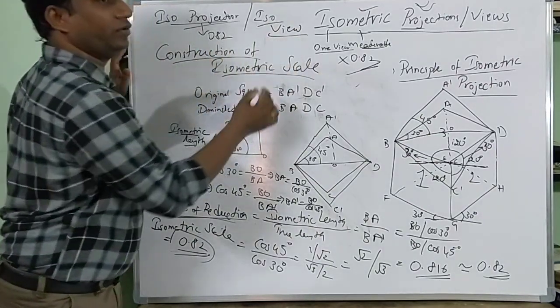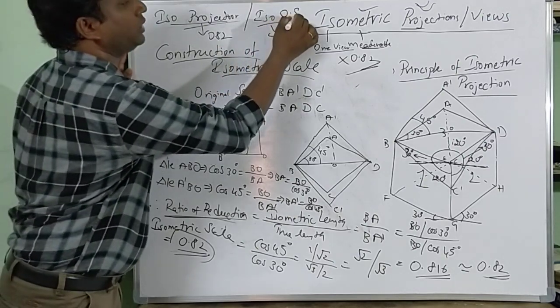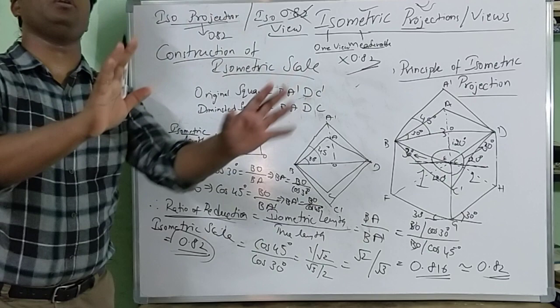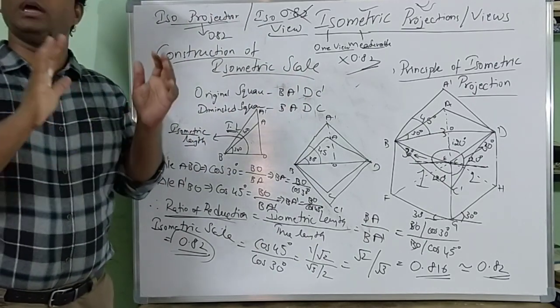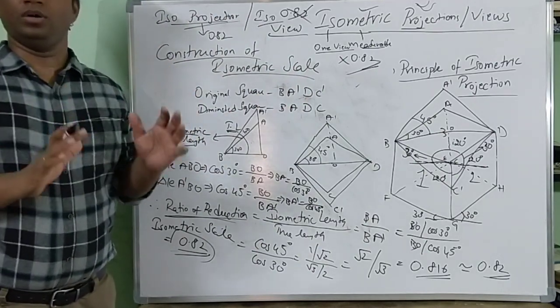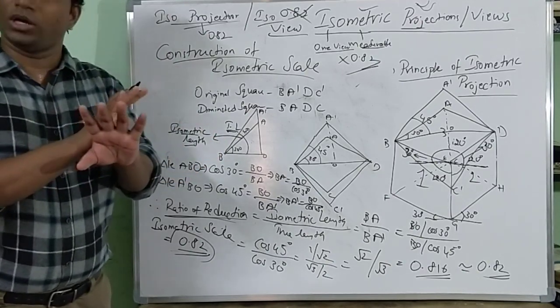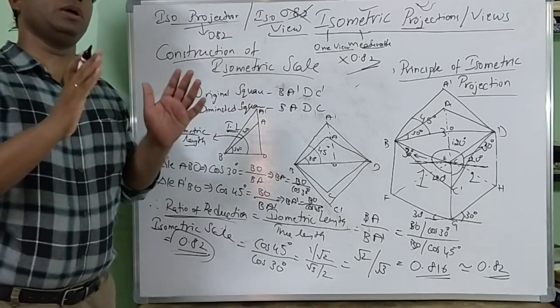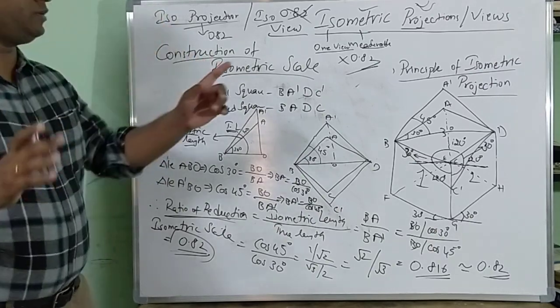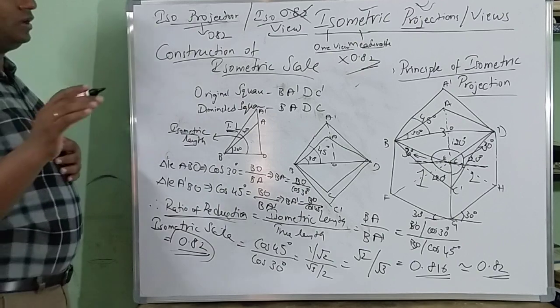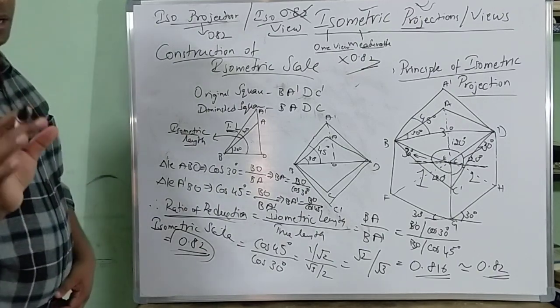Whereas isometric views don't bother about 0.82. We are just focusing on the view. They mainly concentrate on shape, not size. They don't bother about measurement, only shape, so they follow the original dimension. As we go on with problems, we will understand this better.